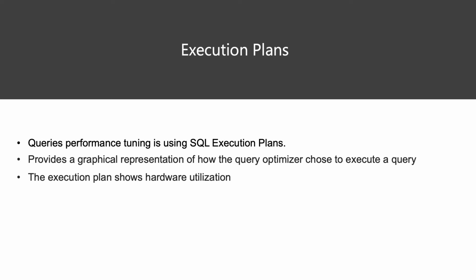An execution plan provides a graphical representation of how the query optimizer chooses to execute a query. The execution plan shows us which tables were accessed, how they were accessed, how they were joined together, and any other operations that occurred along the way.